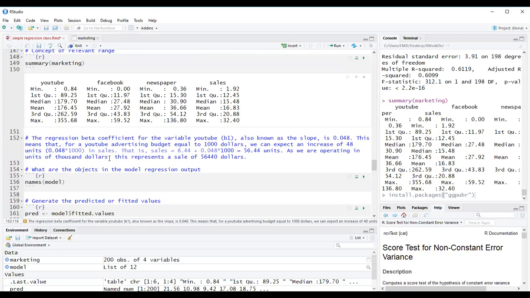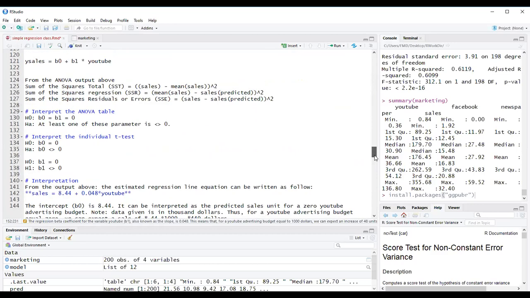For a unit change in YouTube advertising budget, there's a corresponding what, guys? There's a corresponding 0.48, so that's equal to 480. Okay, so let's go back here.